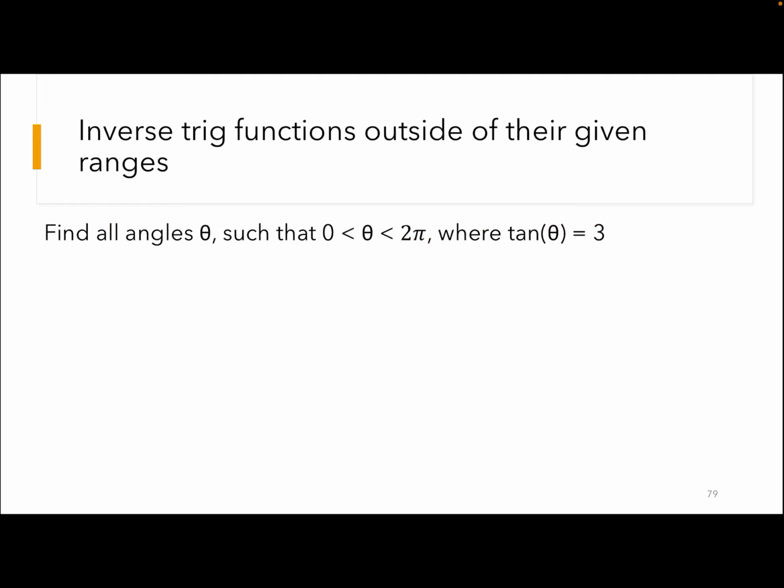For this one, we know that theta is between 0 and 2 pi. Tangent theta is equal to 3. So first, we're going to do arc tangent. Tangent theta is equal to 3, so theta is the arc tangent of 3.